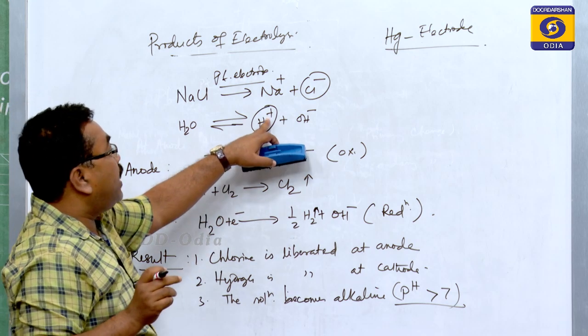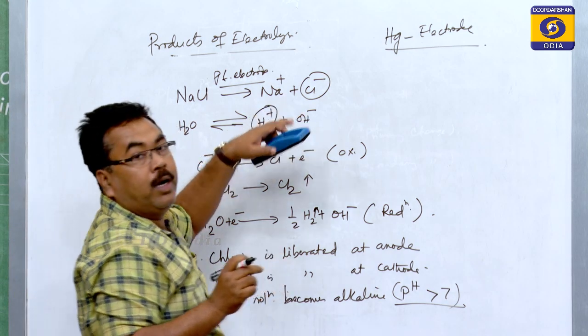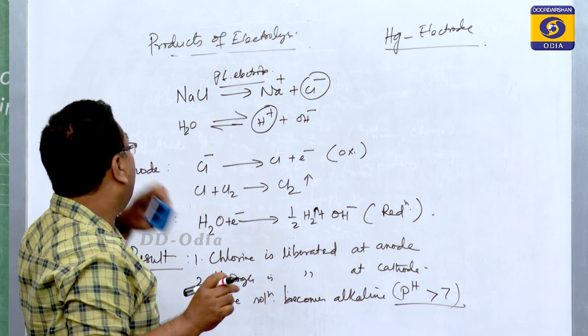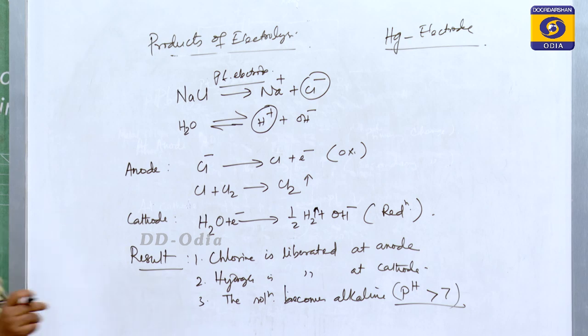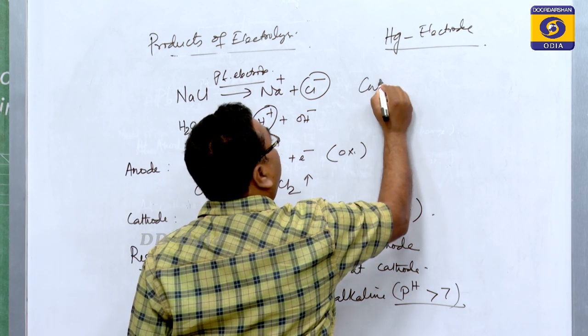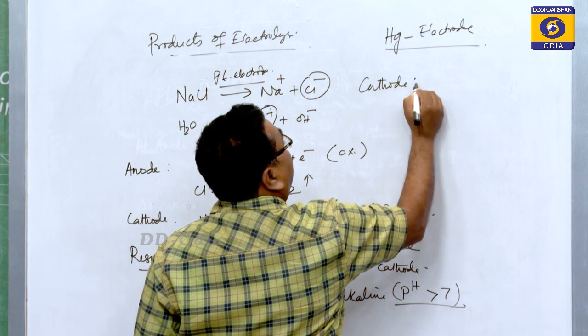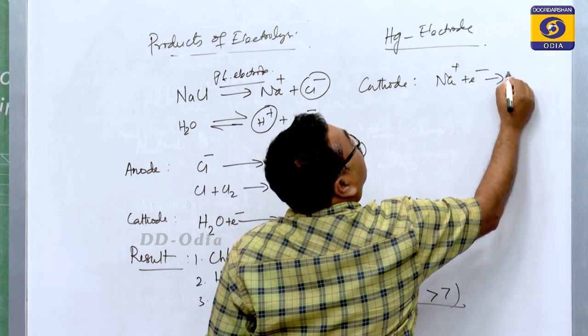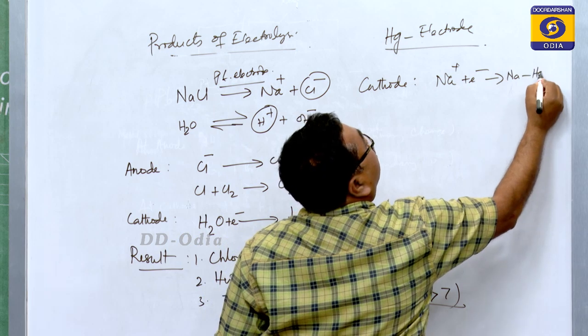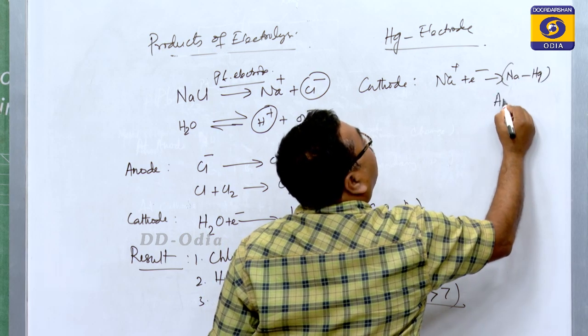In place of H plus, the sodium ion will move towards the cathode. At the cathode, sodium and Hg will form an amalgam.